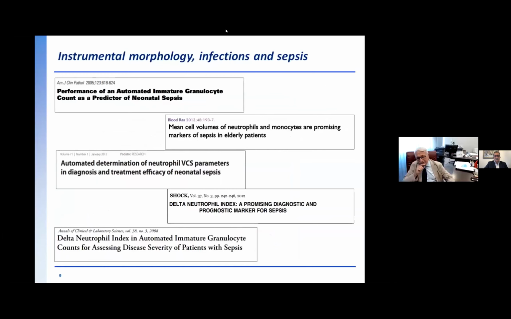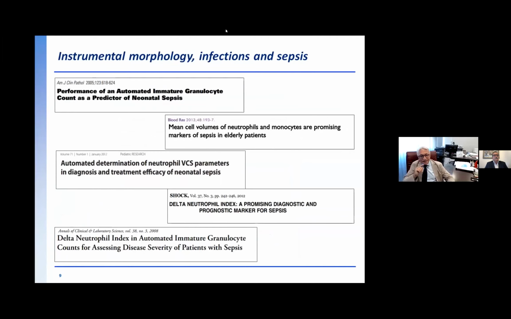These are the early research works that have highlighted the importance of these parameters in the sepsis diagnosis back in 2005 in neonatal sepsis, a clinical case difficult to be interpreted.